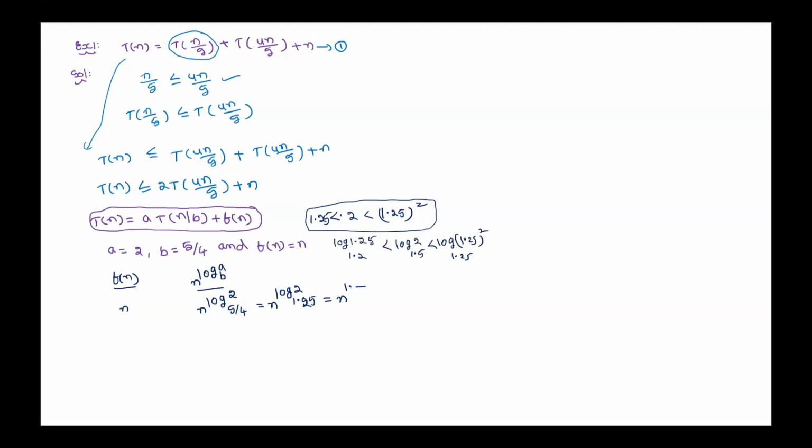What are these values? This becomes 1, log a base a, it is 1. The other, 2 comes out, 2 into 1, this is 2. That means this value is between 1 and 2. Whatever we get here, it is more than 1 but less than 2. Is that correct?